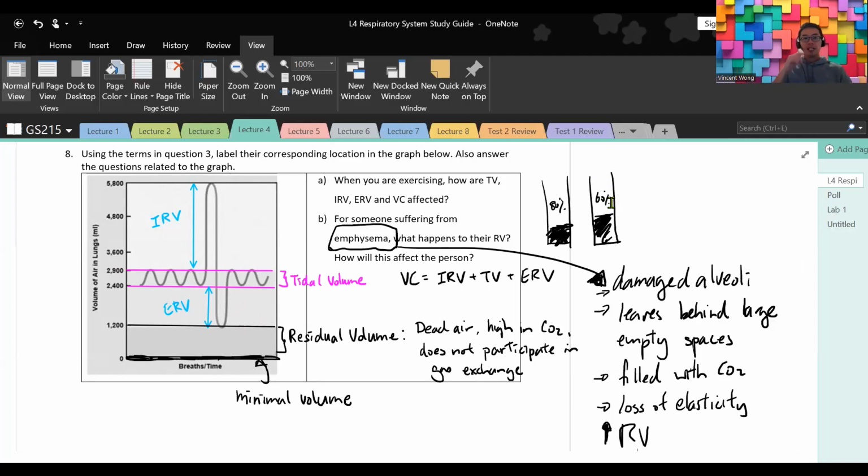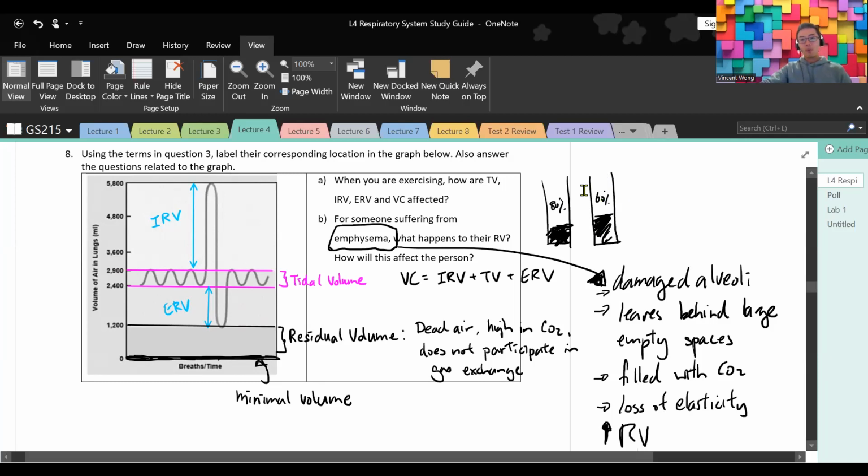That is a consequence of perhaps emphysema, because they're not getting enough oxygen into their system because the remaining volume that's available for gas exchange is so low, because the dead air is so high.